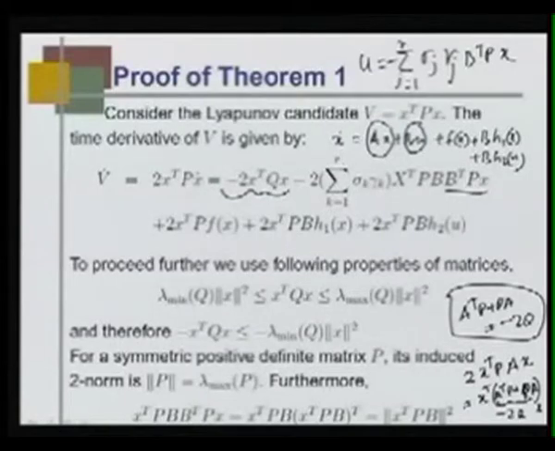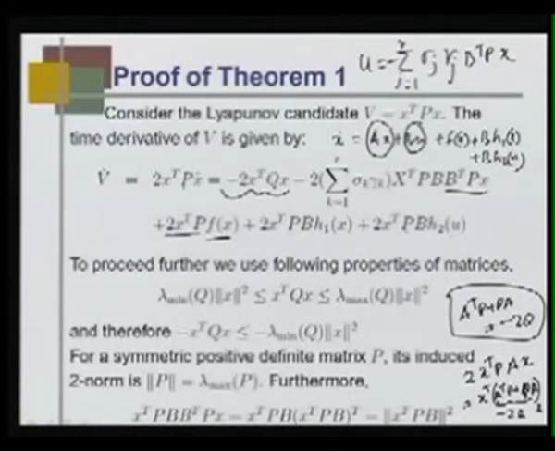Again we multiply f x here, since x dot has another component f x, so that is 2 x transpose P f x. Similarly, 2 x transpose P B h 1 x and 2 x transpose P B h 2 u. Here, instead of x dot we have replaced this, and we can write the equation like this.